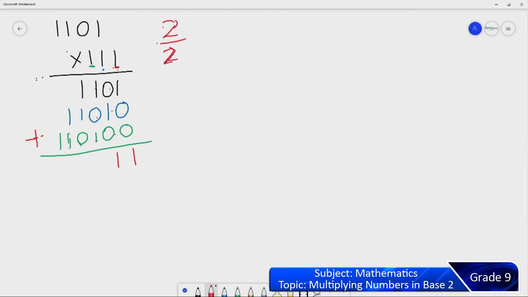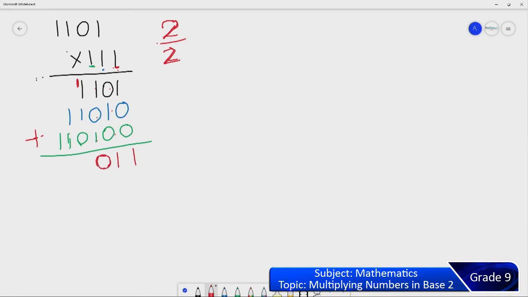Because we're working with base 2, we have to divide by 2. So 2 divided by 2 gives us 1. We put it at the top next to the next column that we're going to be adding. Any remaining? No. So we write the 0.